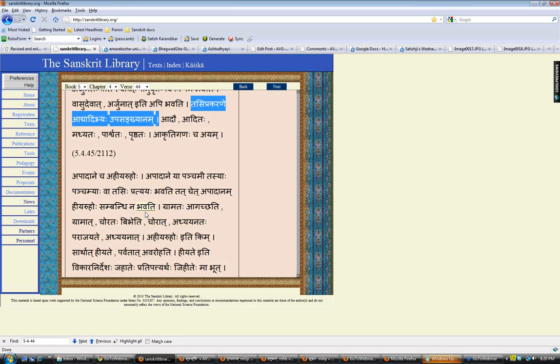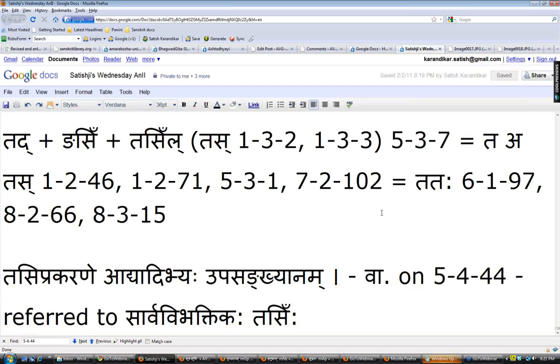If you have apadane panchami, then this sutram 5445 can be used to bring in the tasi pratyaya after asmad or yushmat. If it's not apadane panchami, if you have any other vibhakti, or a panchami which is not apadane, then you have to use the vartikam on 5444. If you have apadane panchami, of course barring hi and ruha, those are not very common, so we leave those for the time being.